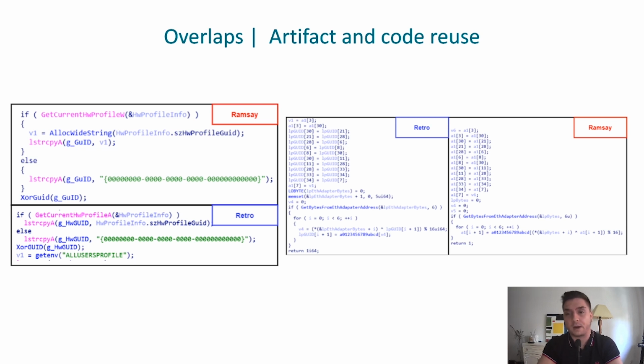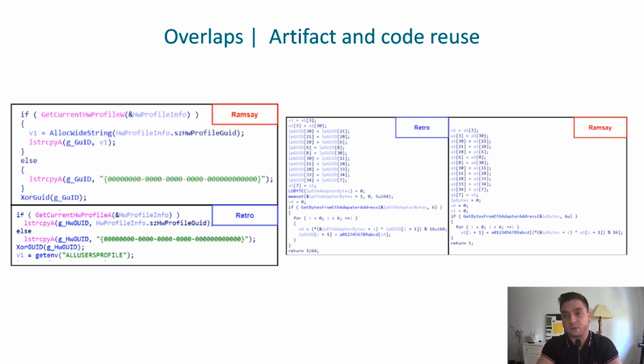Therefore, Ramsay had to do something to cope with this issue. The way it coped was by leveraging a specific encoding algorithm in order to make this UID less prone to generating duplicates for different victims.